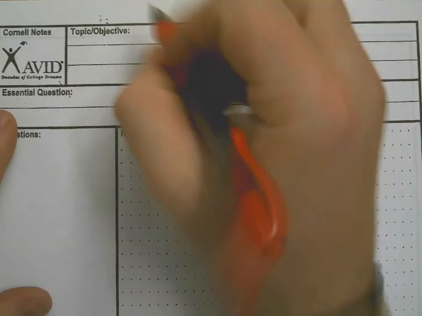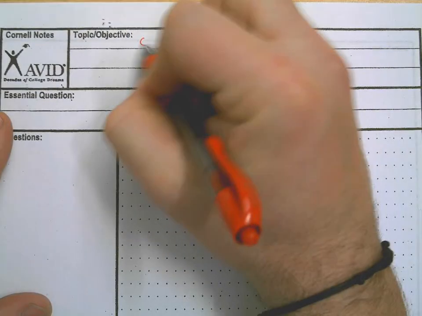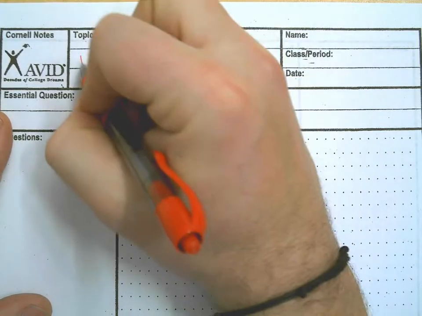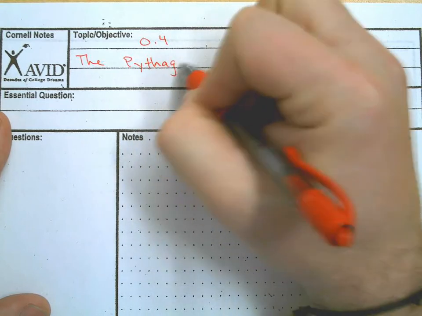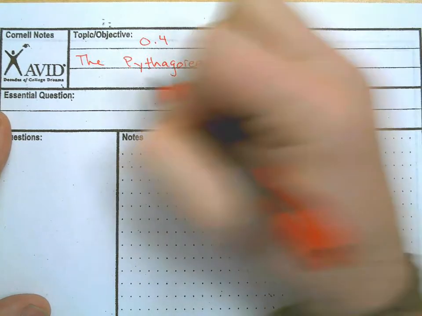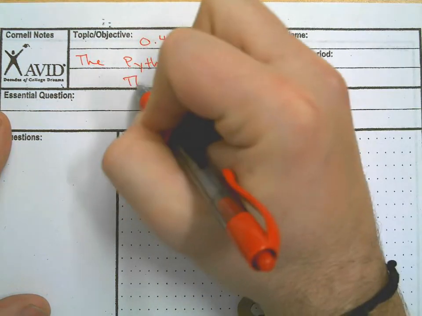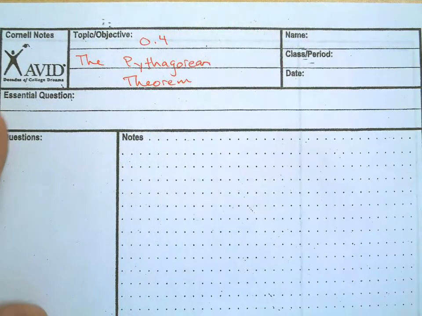In this video, we'll be looking at 0.4, the Pythagorean Theorem.